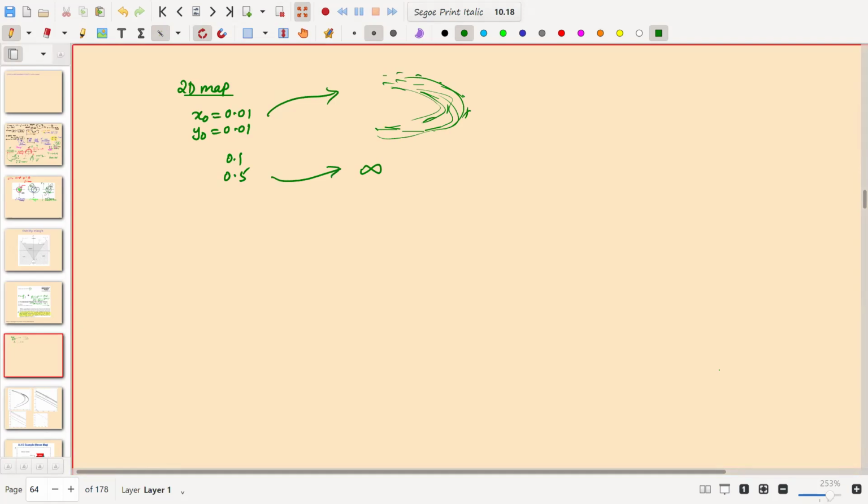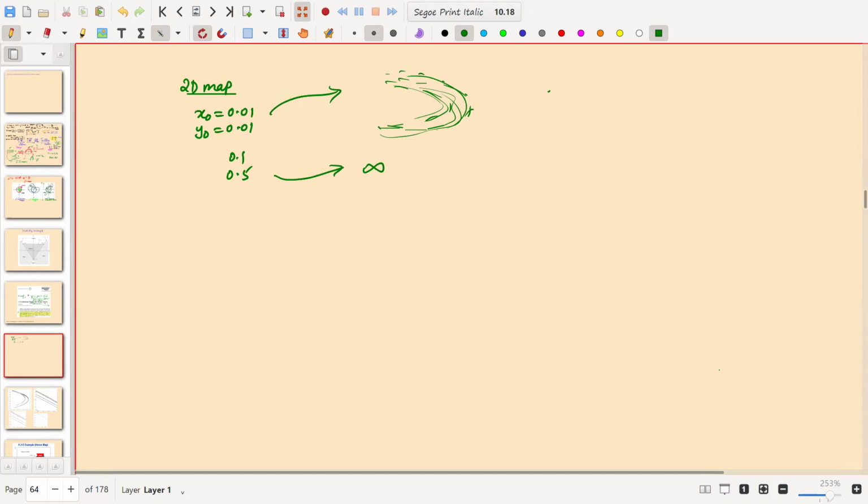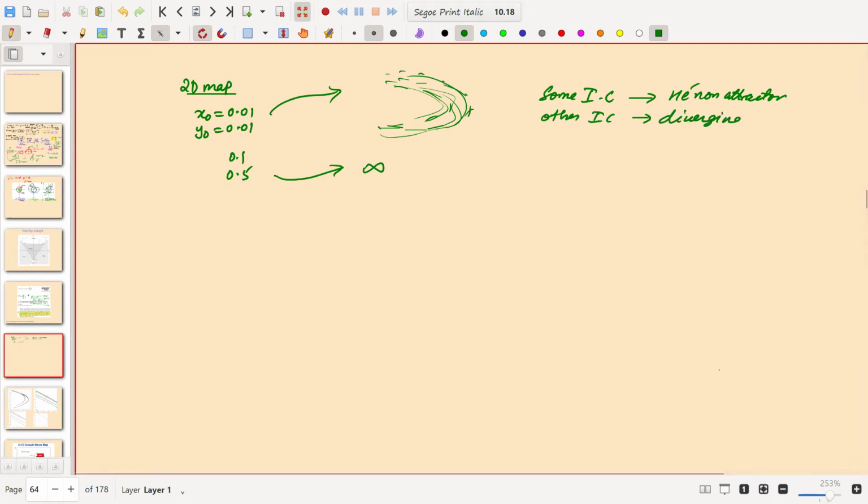So you can see that some initial conditions lead to the Henon attractor, whereas other initial conditions make it diverge.